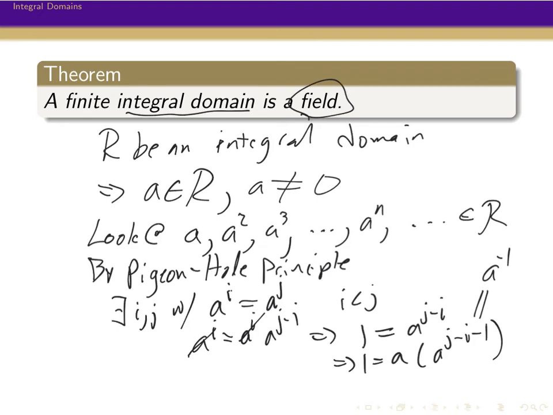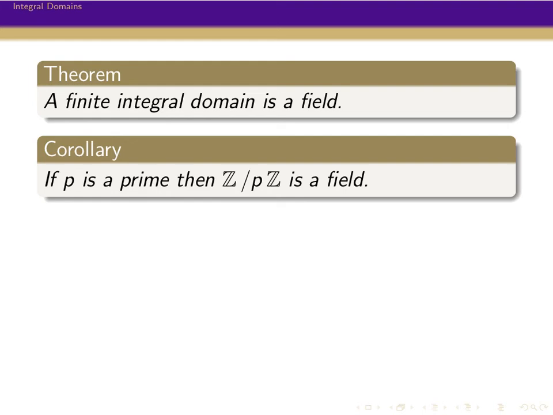Okay, so finite integral domains are all fields. Now, one finite integral domain that we talked about a little bit before is Z mod pZ, if p is a prime, and so it's finite, it is an integral domain, there are no zero divisors, and so the theorem says that it has to be a field.